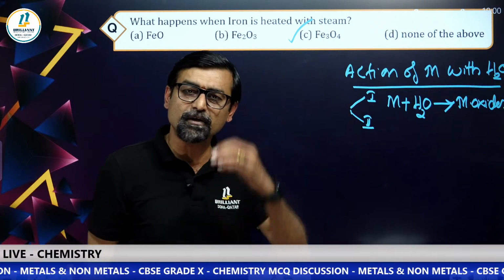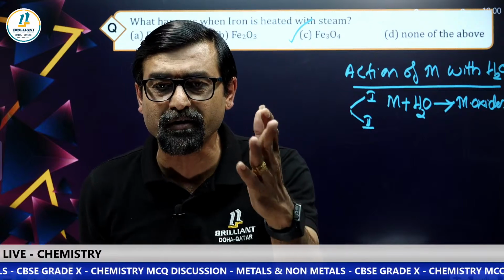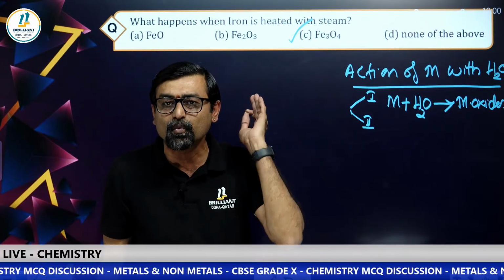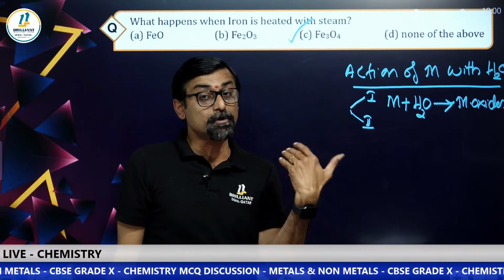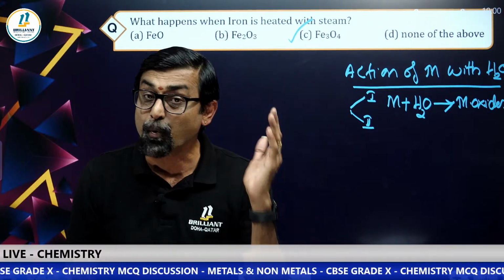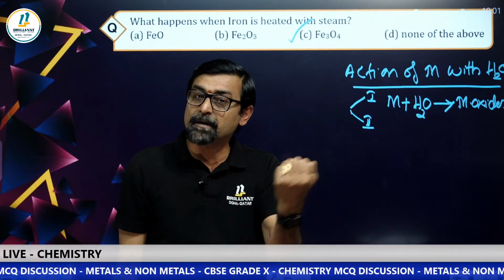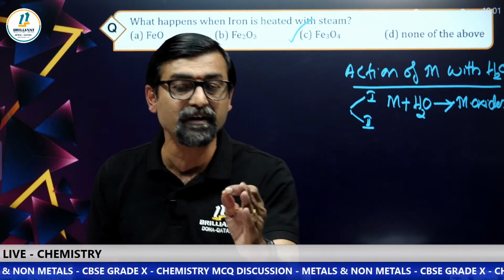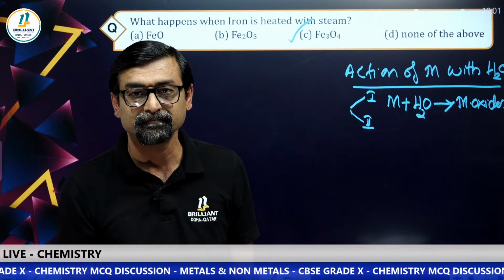Whether it is a high reactive metal or a moderate reactive metal, when treated with water in any condition, sometimes cold, sometimes warm, sometimes very hot, bubbling, and sometimes steam, every reacting metal will form a respective metal oxide.